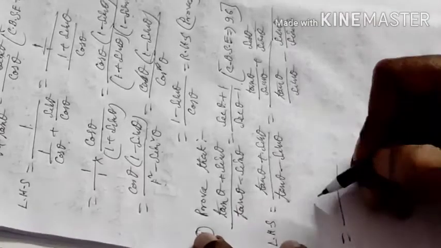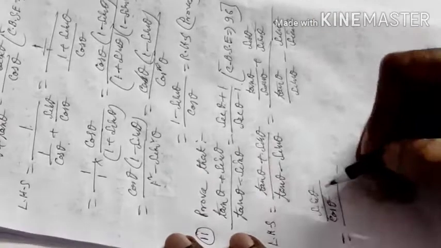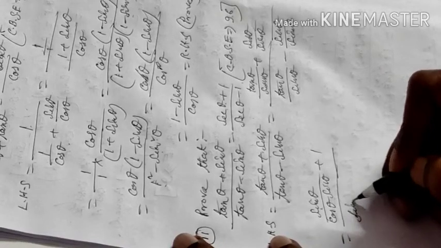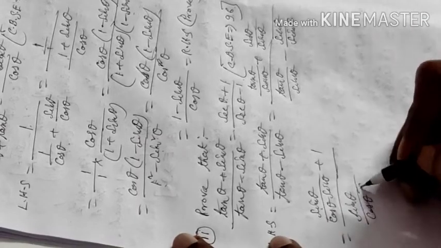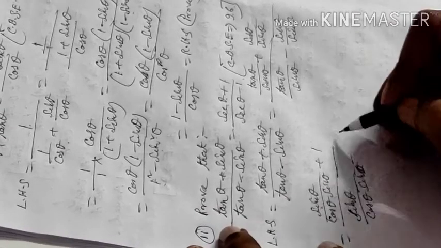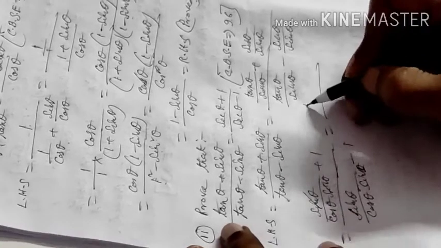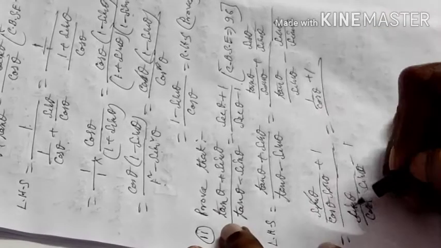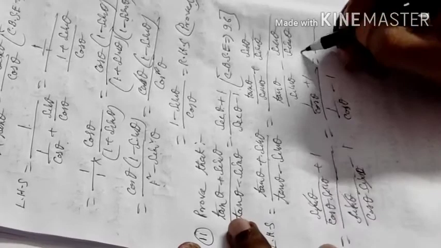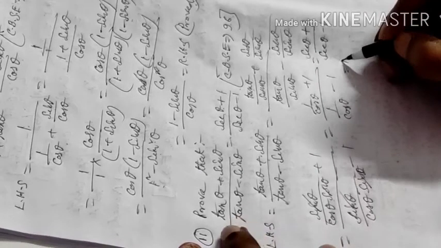Tan theta means sin theta by cos theta, so tan theta by sin theta is sin theta by cos theta by sin theta, and sin theta by sin theta is 1. Sin cancels out, so 1 by cos theta plus 1 by 1 by cos theta minus 1, which is equal to sec theta plus 1 by sec theta minus 1, is equal to right hand side. Proved.